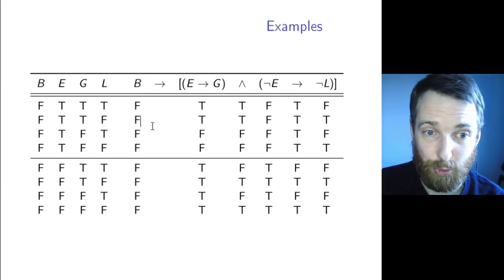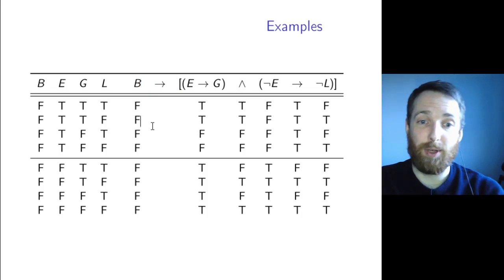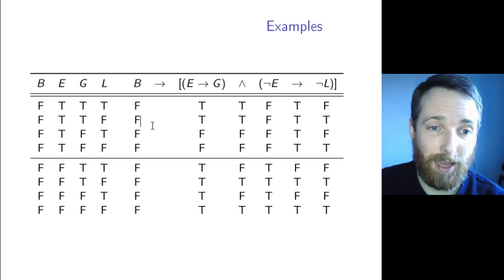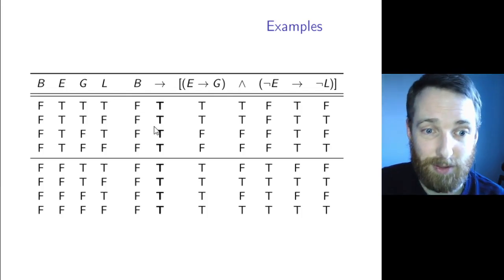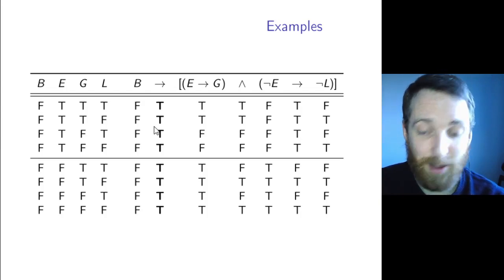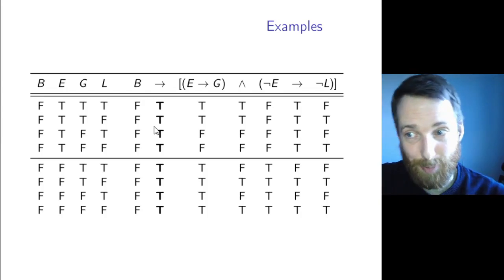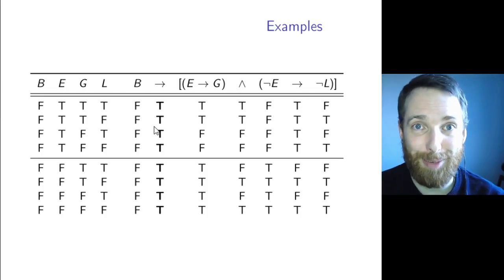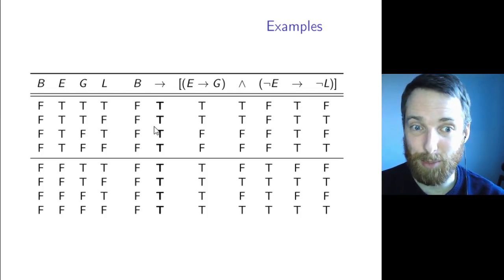You need to have true antecedent and false consequent. I'm not going to look at the consequent. I already see the antecedent, B, is false everywhere, so that means this is going to be true all the way down. So there you go. Take these two things that I've given you, the top half and the bottom half of the truth table for premise 1, put one on top of the other, and you have a complete truth table for premise 1.